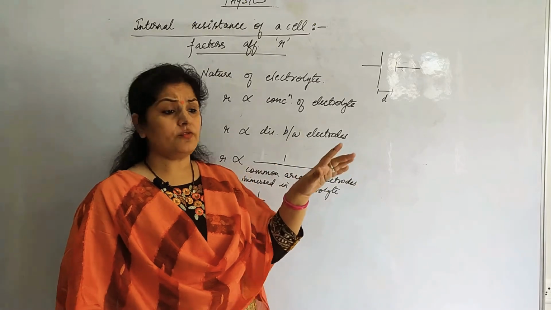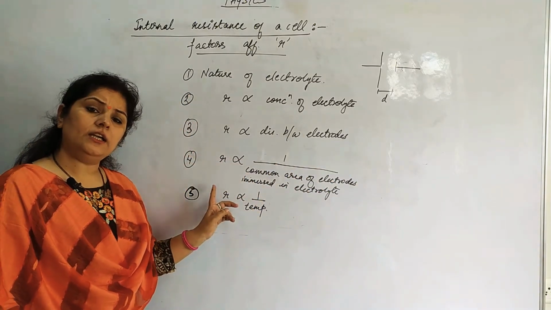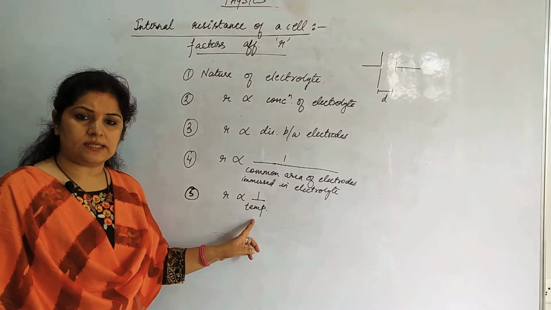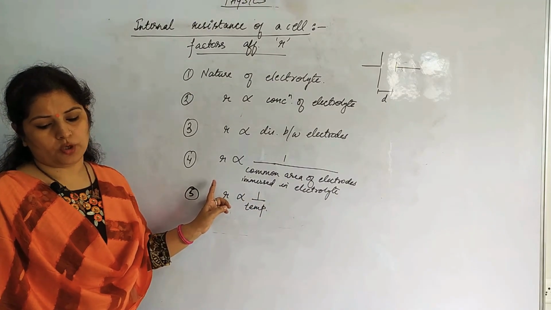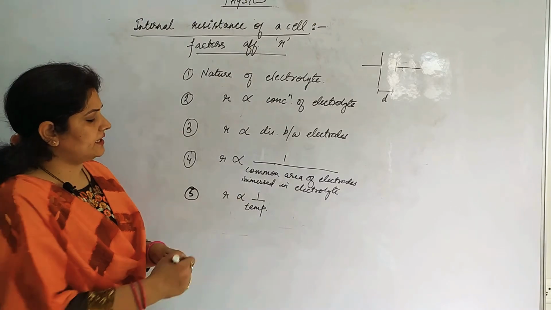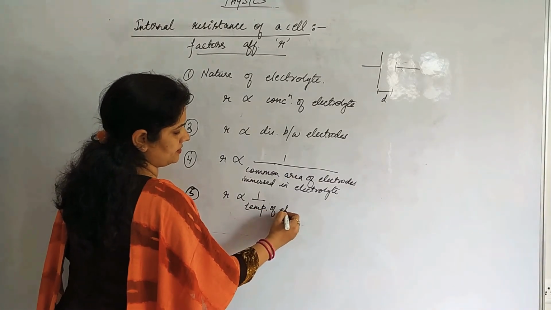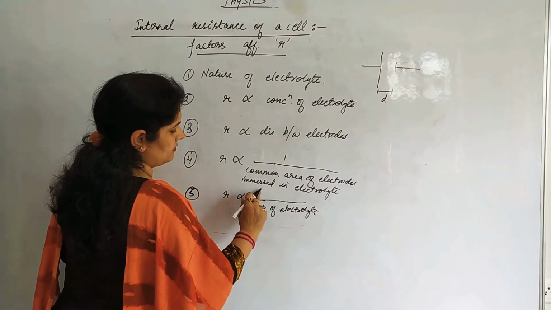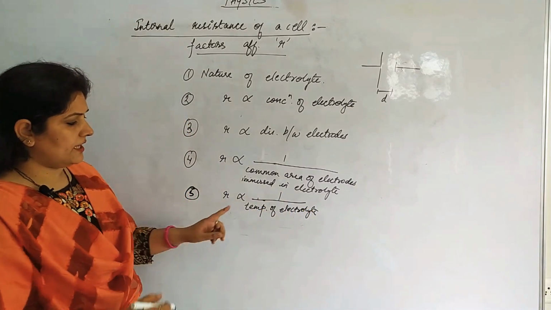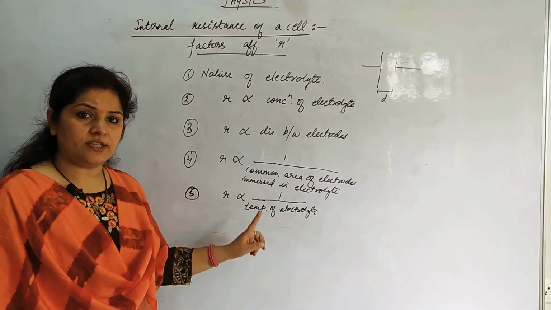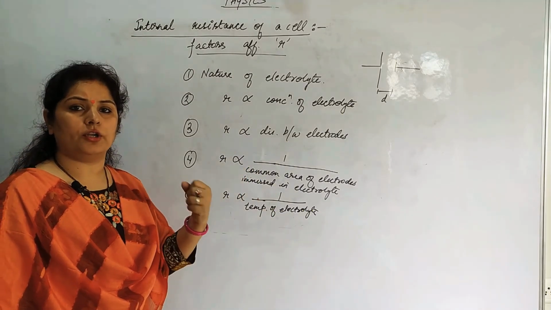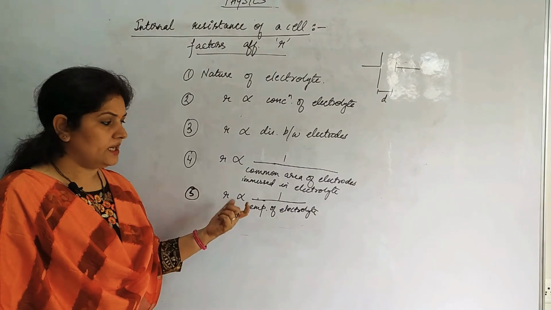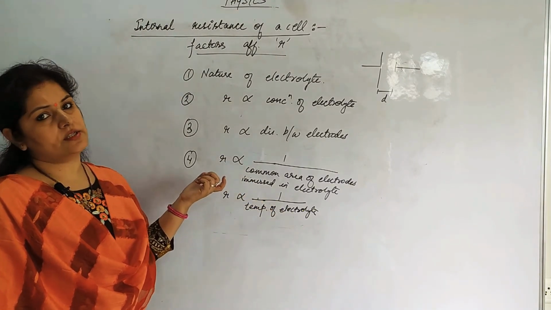If the temperature of the electrolyte is more, internal resistance will be less. If the temperature of the electrolyte is less, internal resistance will be more. So it increases with decrease in temperature of the electrolyte. If you are increasing the temperature, taking lukewarm or hot water, internal resistance will be less. If you have taken cold water, internal resistance will be more.